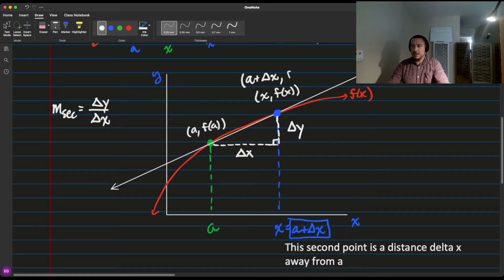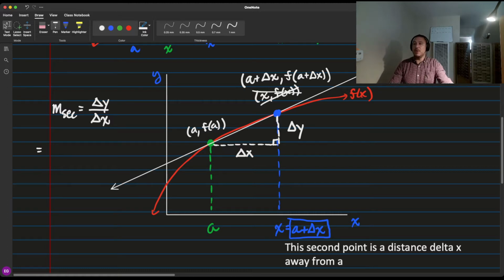Exactly, yes. Our y value is now f of a plus delta x. Okay, so we're not going to think about this point this way anymore. We're going to think about it the other way, which actually gives us a new secant line formula.